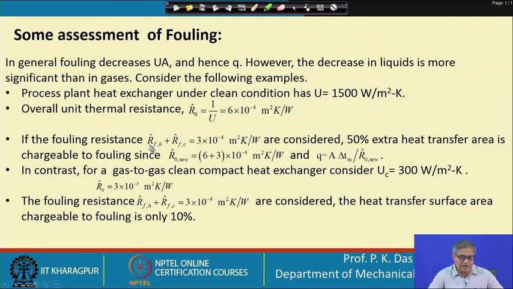Fouling resistance, hot side and cold side combined together, is considered to be 3 into 10 to the power minus 4 meter square Kelvin per watt. So, here it is 6 and here it is 3. So, you see 50% extra heat transfer area is chargeable to fouling, because the fouling resistance is 50% of the resistance of the clean heat exchanger.